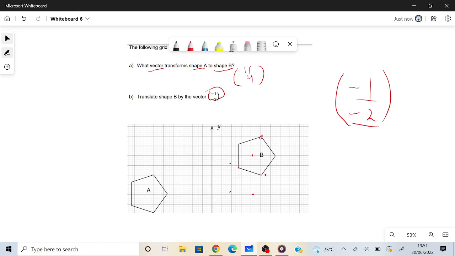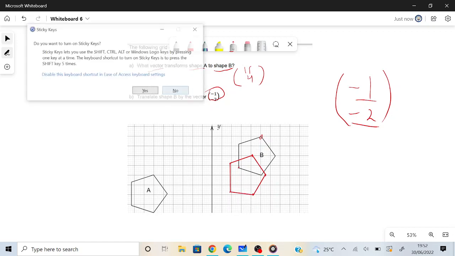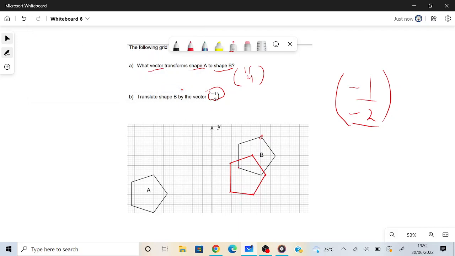So this is how our shape would look, something like this, this, this, this, this. Now it may look a bit wrong because I am doing it on a laptop, but this is how it's meant to be.